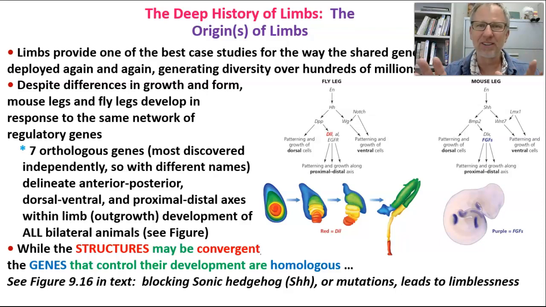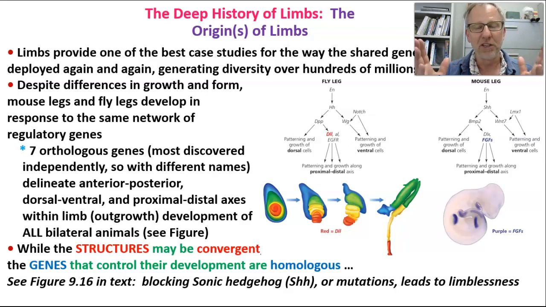There are specifically 7 orthologous genes that delineate all the different aspects of limb development: anterior to posterior, so head to tail; dorsal to ventral, back to belly; and proximal to distal, from close to the body to away from the body.